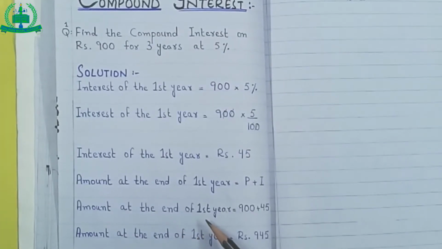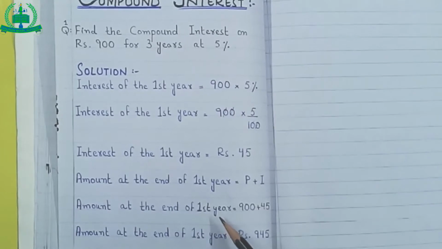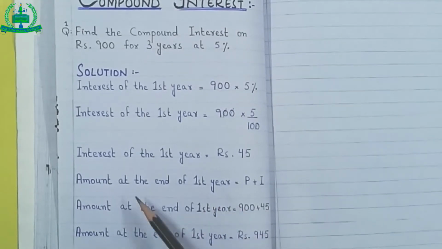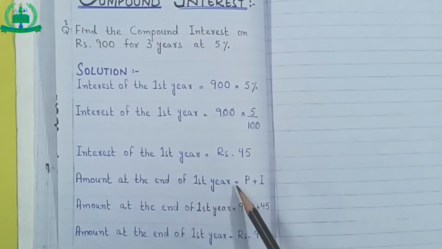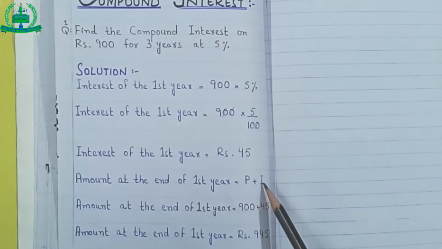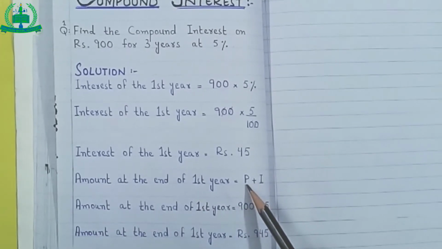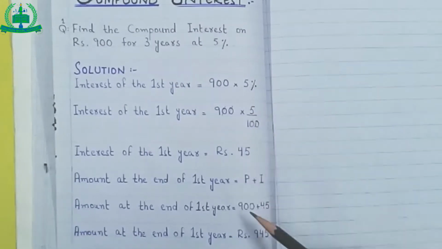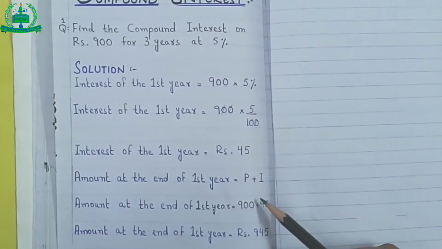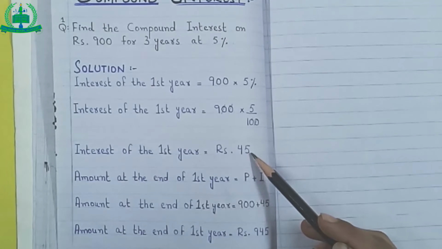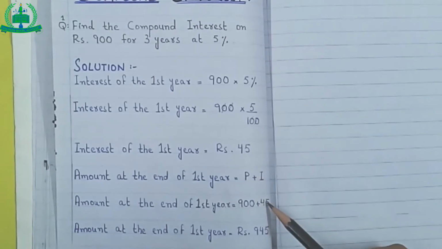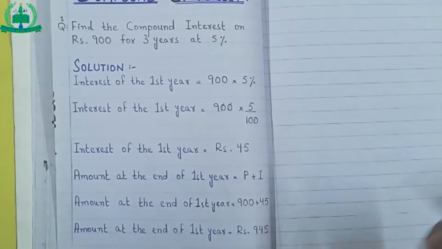Now we find amount at the end of first year. To find amount, we add principal to interest. Amount at the end of first year is equal to principal plus interest. Principal of the first year is rupees 900. So we write 900 plus interest of the first year is rupees 45. So we write 45.